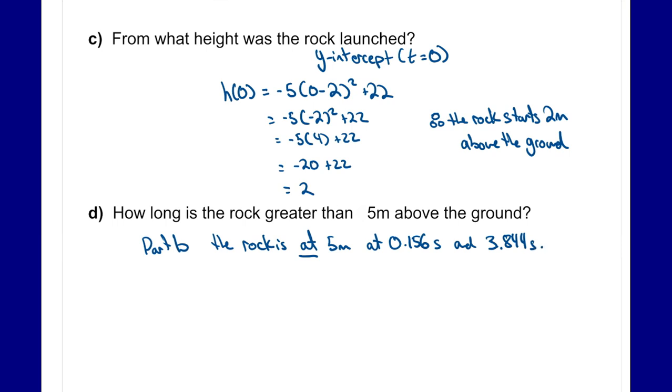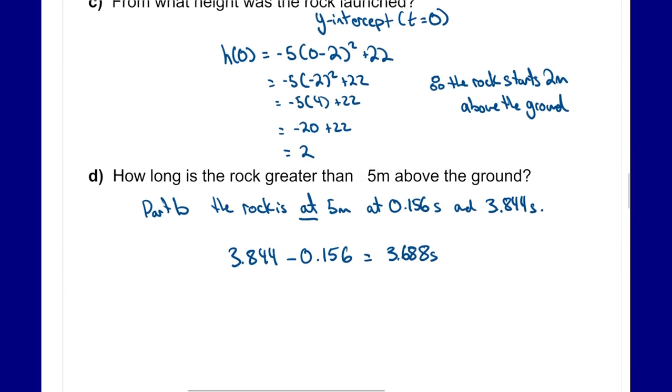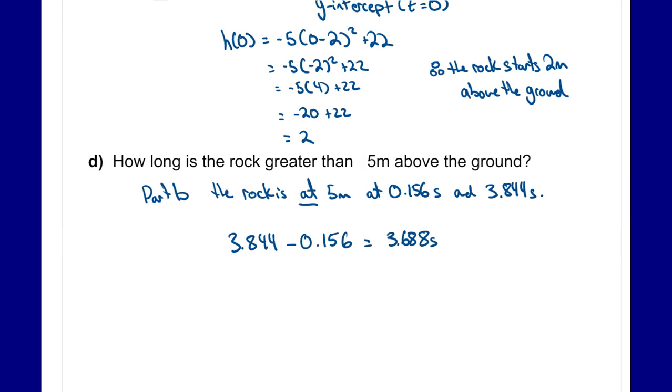So if I want to find out how long it's greater than that height, right, I can take those two times, sorry, subtract them to find the difference. And that will tell me how long it's above that height.